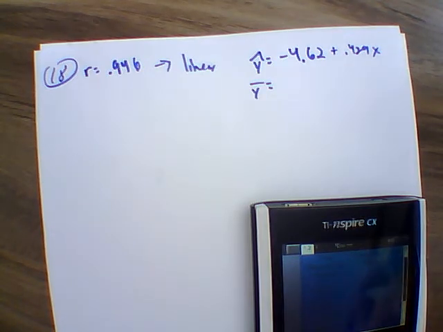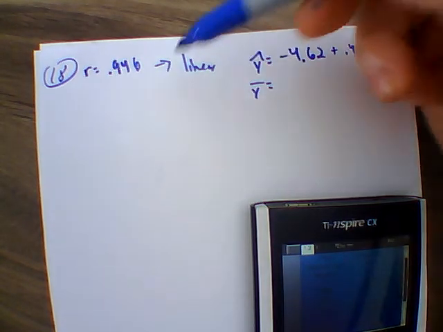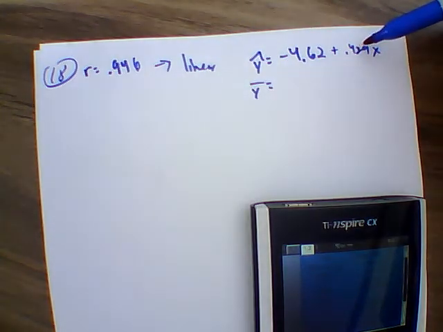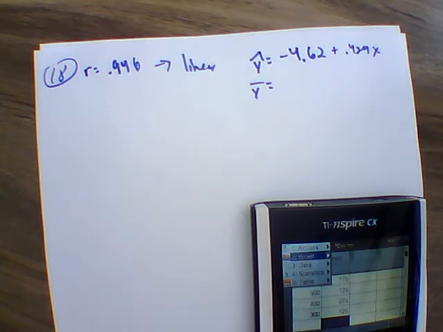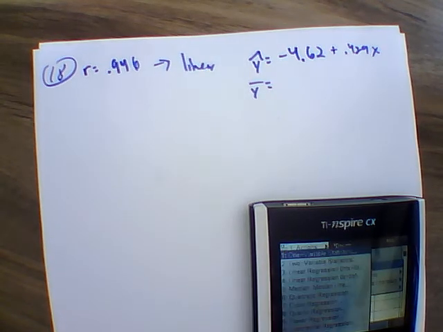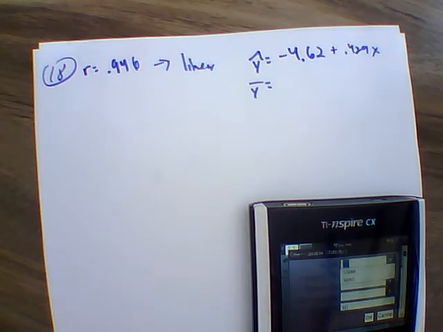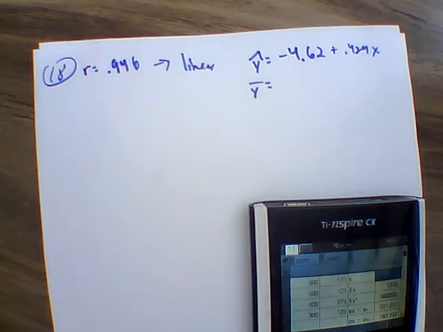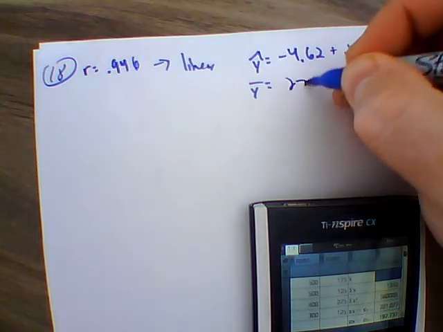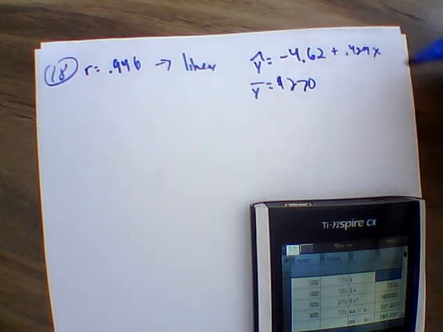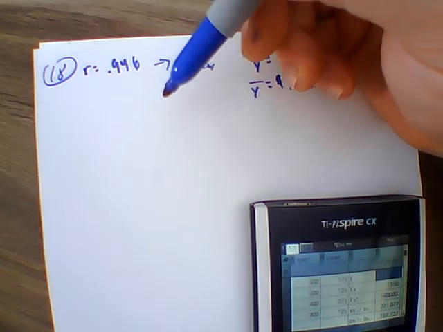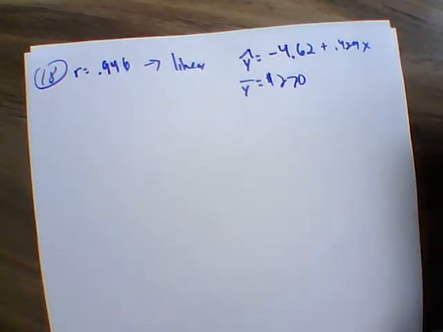I would tell you, if you were time crunched, we deemed it was linear, so we can just stop here and use our linear equation. We don't need the mean, but once again, so we can see this, our mean closing bid was $270, okay, dollars.